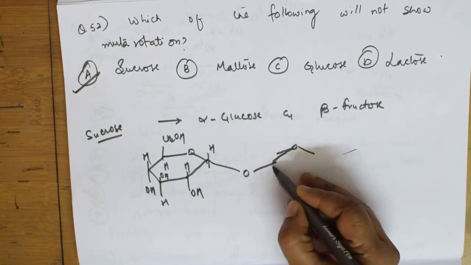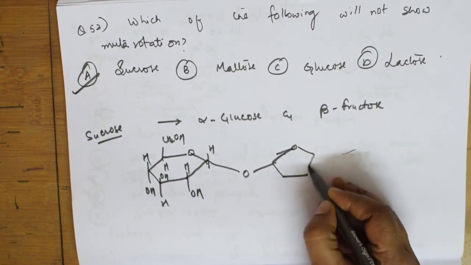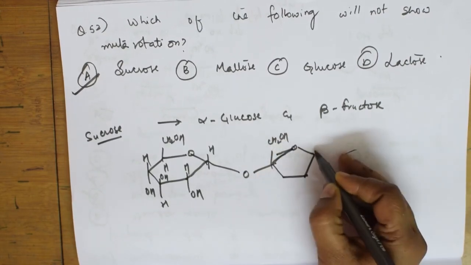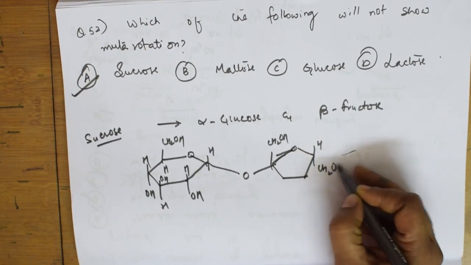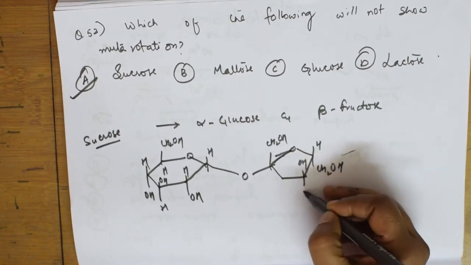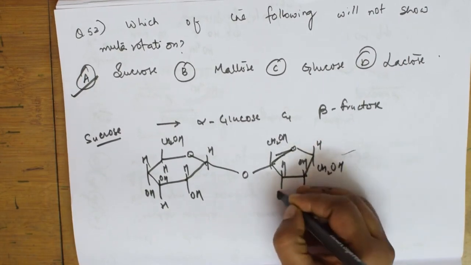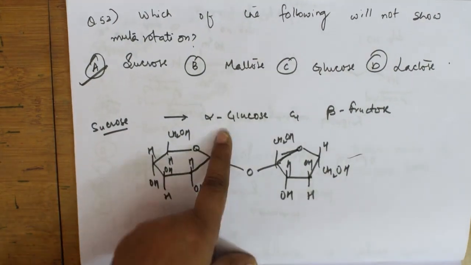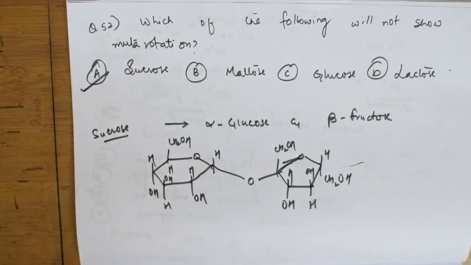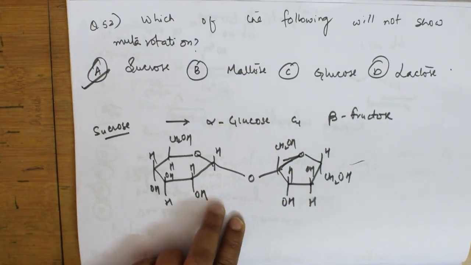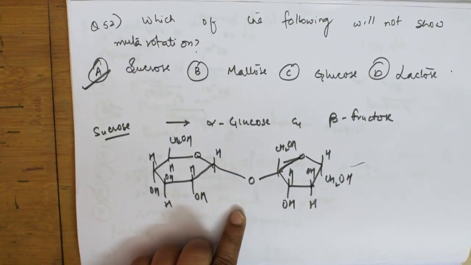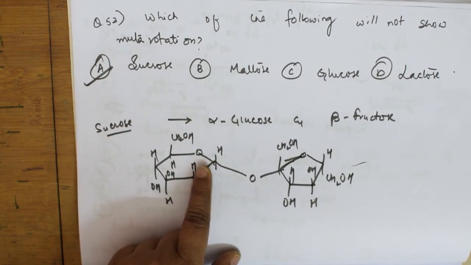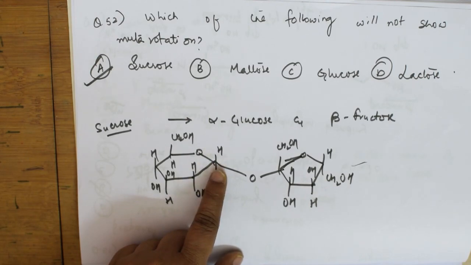Okay, I should draw like this. You have CH2OH here, CH2OH, OH, H, HOH. Now this is the glycosidic linkage formed between alpha glucose and beta fructose. Here, the important thing is the glycosidic linkage is formed between anomeric carbons. What is the anomeric carbon? It is the C1 carbon.